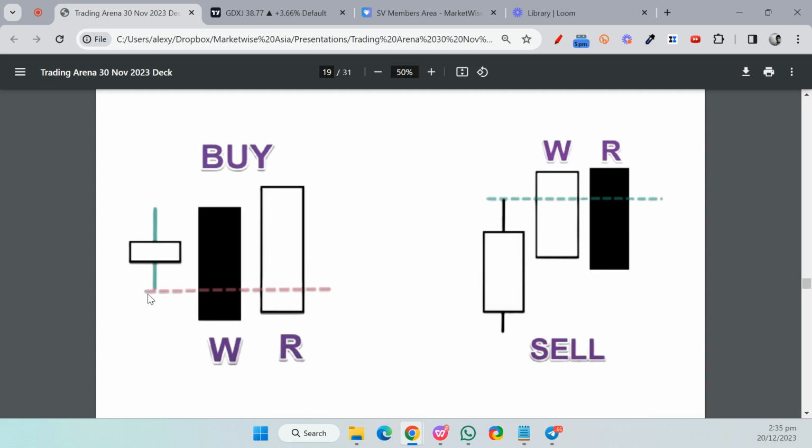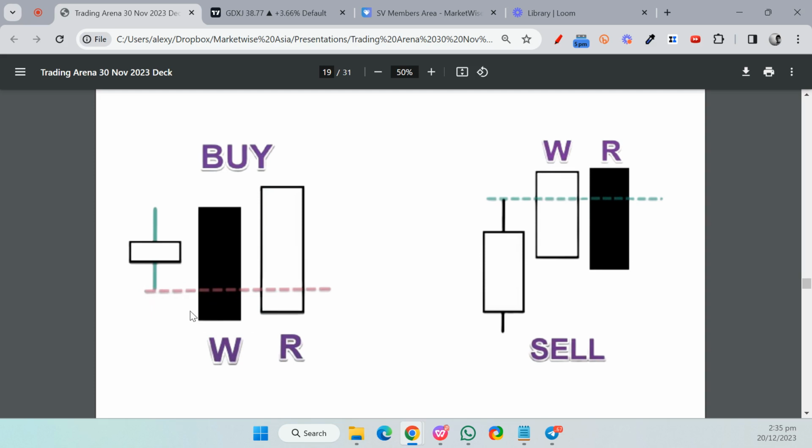This dotted line is the wash line. W signifies the wash line. This is the opening price and the closing price. On this candle, price closed below the prior day low. This is the prior day low. Simple to understand, right?